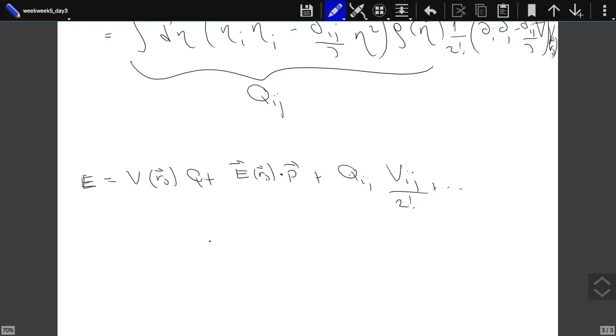So there is no contribution from the dipole moment, but there will be contribution from the non-uniformity of the electric field. And again, you just measure the energy levels, and from that energy levels, you can determine the quadrupole moment.